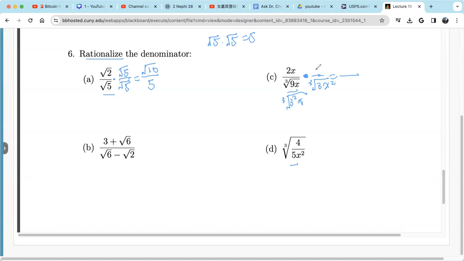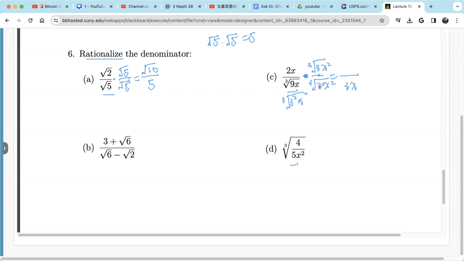So in that case, we have to do the same thing for the numerator. We get the cubic root of 3x squared. Now the denominator, we get right away 3x, because 3 raised by 3 and x raised by 3 cancel with the cubic root. So now it's rationalized.